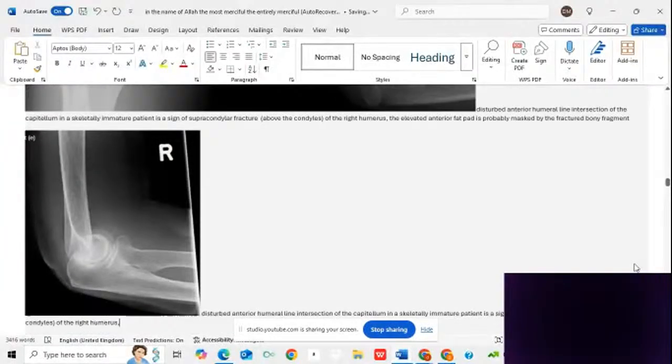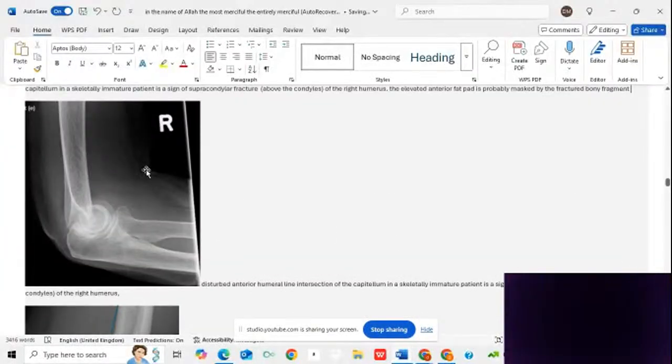Let's see here, the anterior humeral line. It intersects the capitulum at its posterior aspect. All of the capitulum is here. Okay, so what does it mean? Supracondylar fracture. Okay, this is a supracondylar fracture.